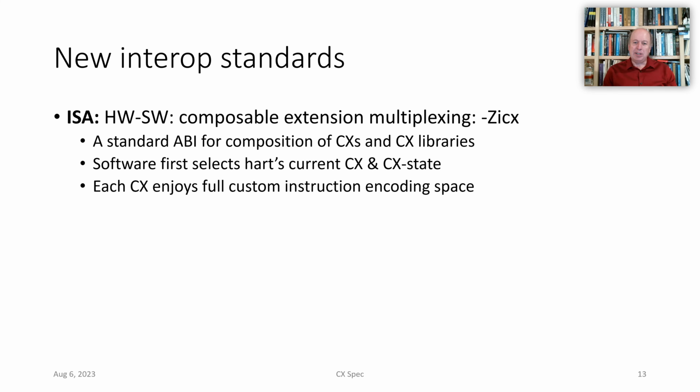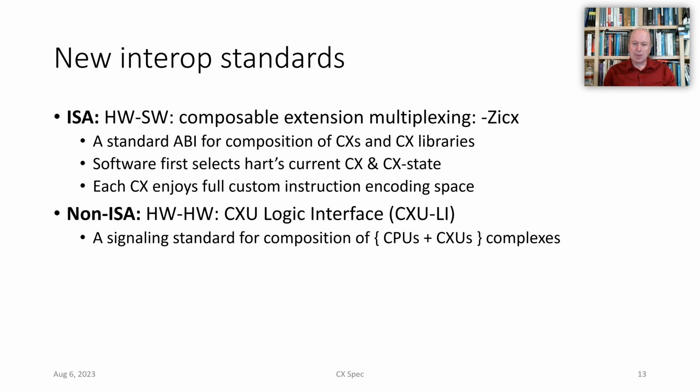Then each extension can enjoy the full custom instruction encoding space without conflict. A second non-ISA layer at the hardware-hardware interface, the CXU logic interface, would be a signaling standard for reusing and composing CPUs and CXUs. Note that these can be provided separately or together.